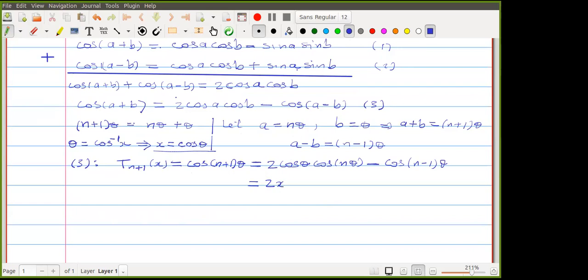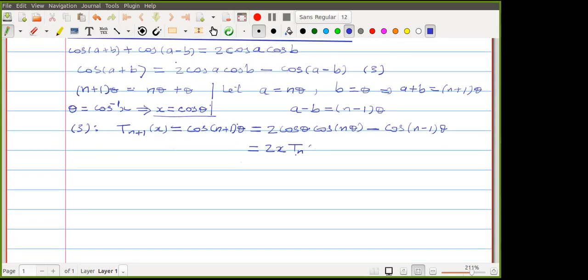So this is equal to 2x times Tn(x) minus the remaining term, Tn minus 1 of x.